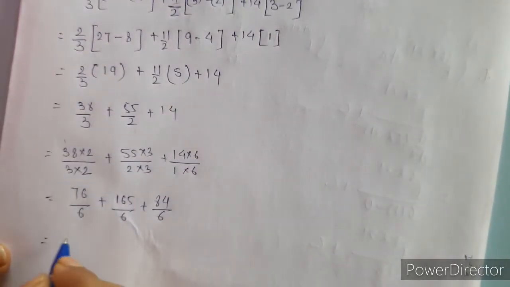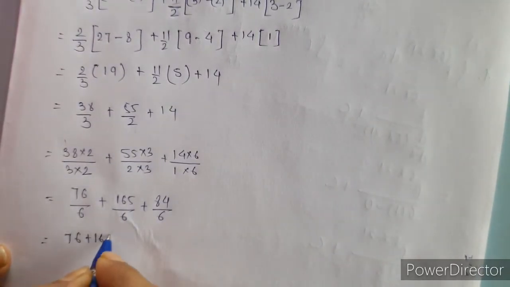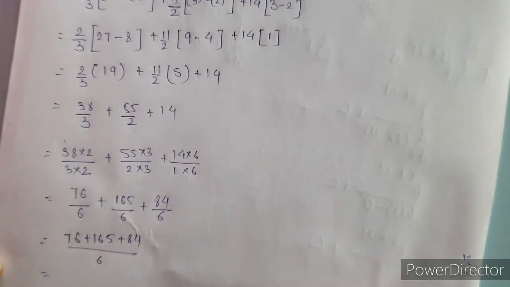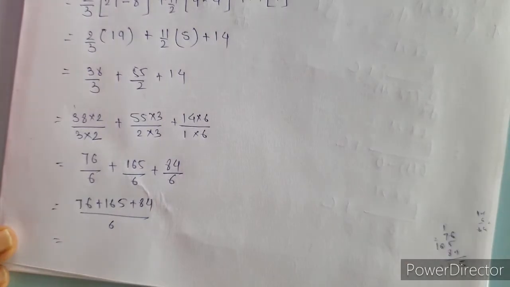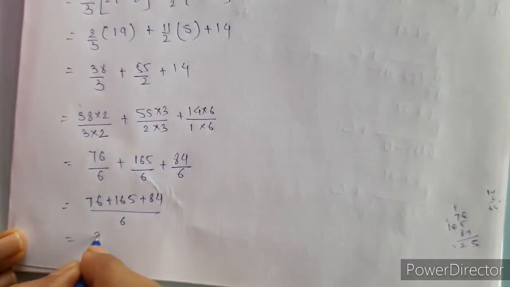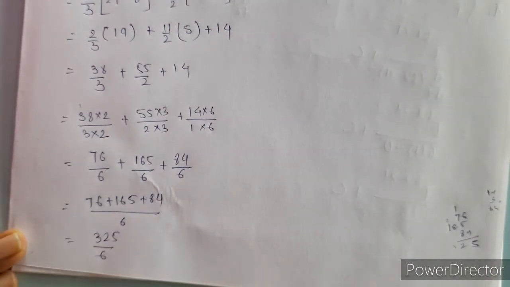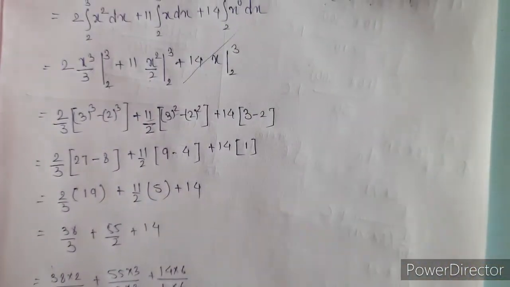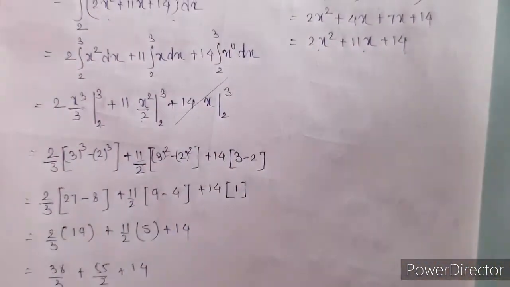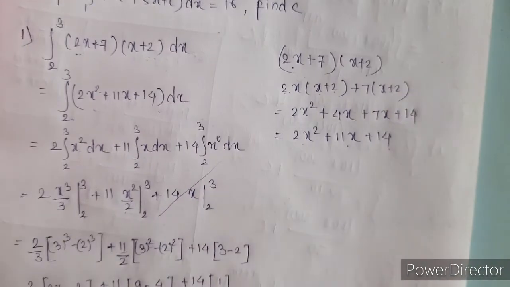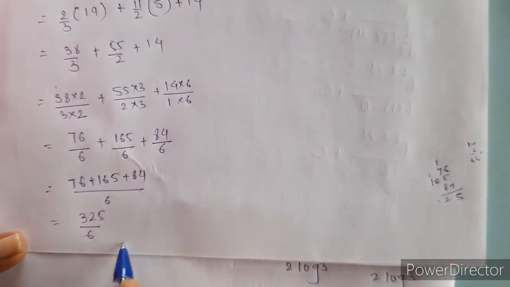So we can write this as 76 plus 165 plus 84 divided by 6, which is equal to 325 by 6. So the integral of this function is nothing but 325 by 6.